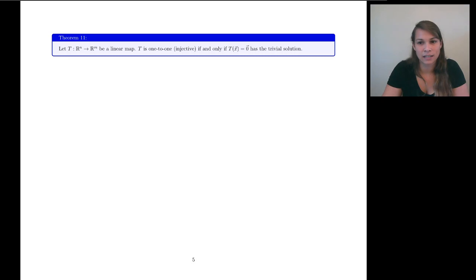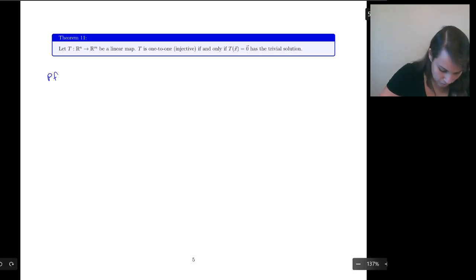We say that T is one-to-one if and only if T of x equals 0 has the trivial solution. The reason behind saying if and only if, we're going to get formal right now, is it implies both ways. So if it's one-to-one, then T of x equals 0 has the trivial solution. If it has the trivial solution, you go back the other way. That implies injectiveness. And so in order to prove this theorem is true, we have to prove both directions.